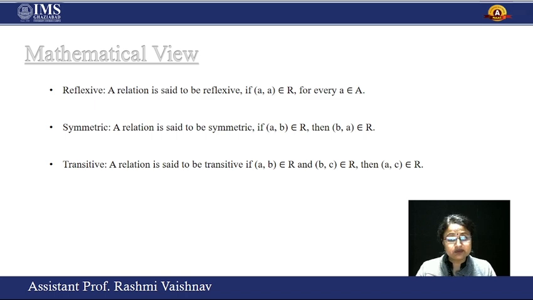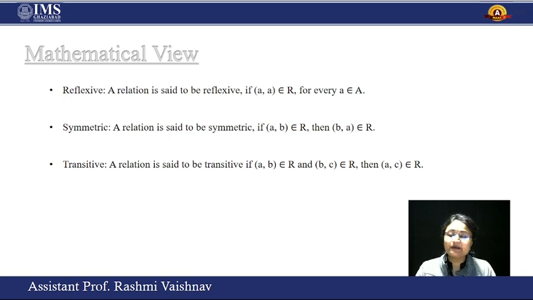It's very important. When we talk about the reflexive property, a relation is said to be reflexive, as we saw on the second slide. The mathematical view is that if (a, a) belongs to R, the same element is treated as domain and range both. That is an indication of reflexivity of that element.